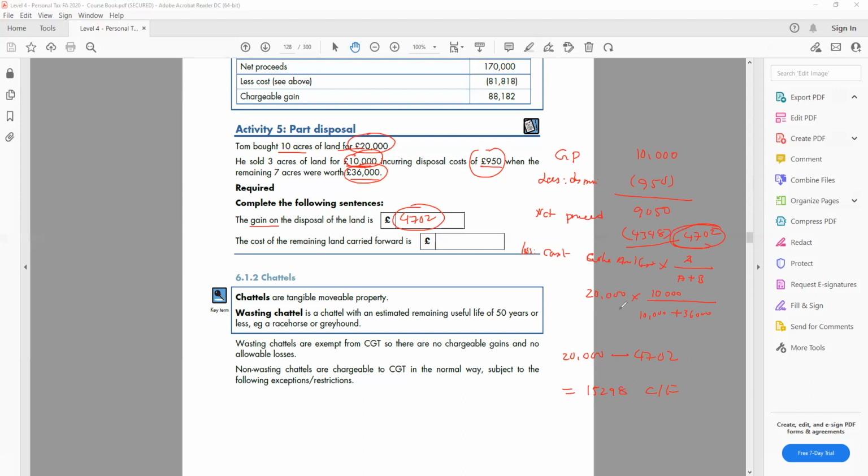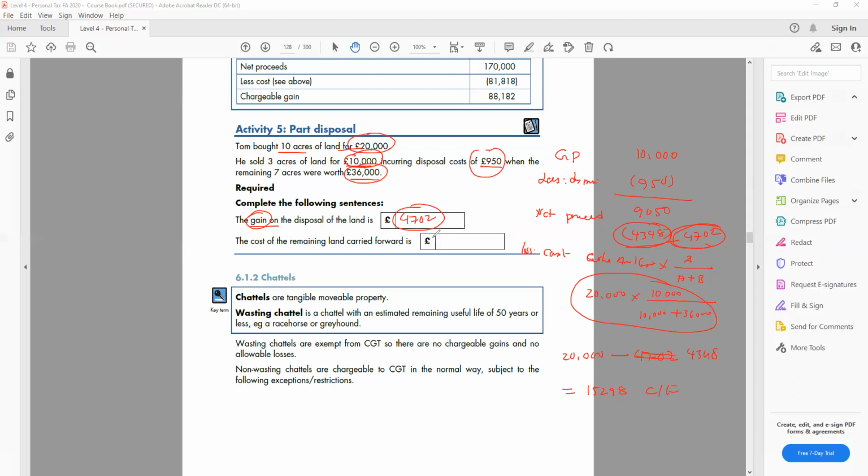Oh, sorry, 4,348 is the cost; 4,702 is the gain, it's not the cost. The cost, using this formula, is 4,348.